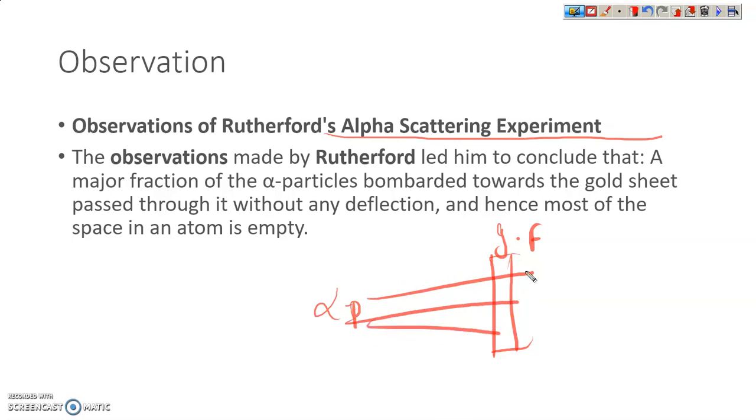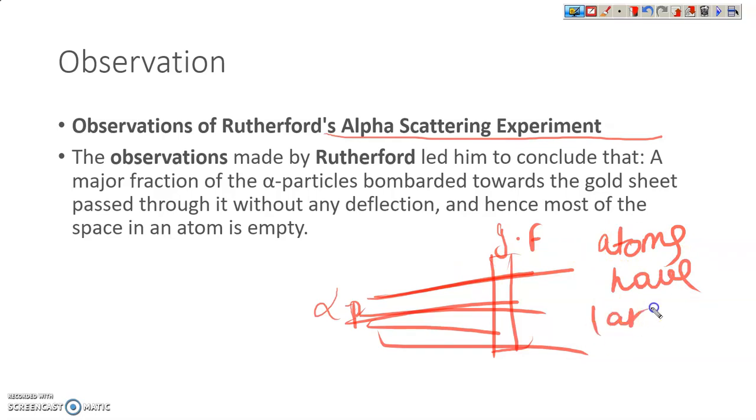This proves that atoms must have large empty space. This was the first thing he saw.